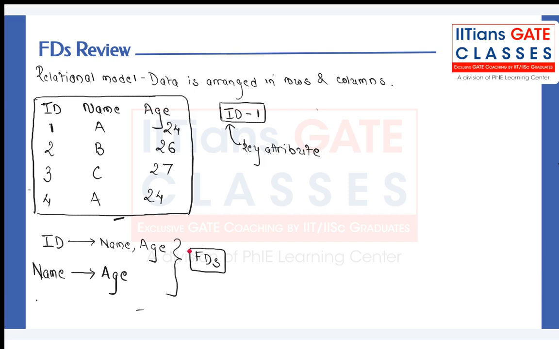Can you also identify any other functional dependency apart from these two? Looking at the table, can I say age uniquely gives me name? If I have a value of age, can I get a unique value of name? Look at the table and answer.